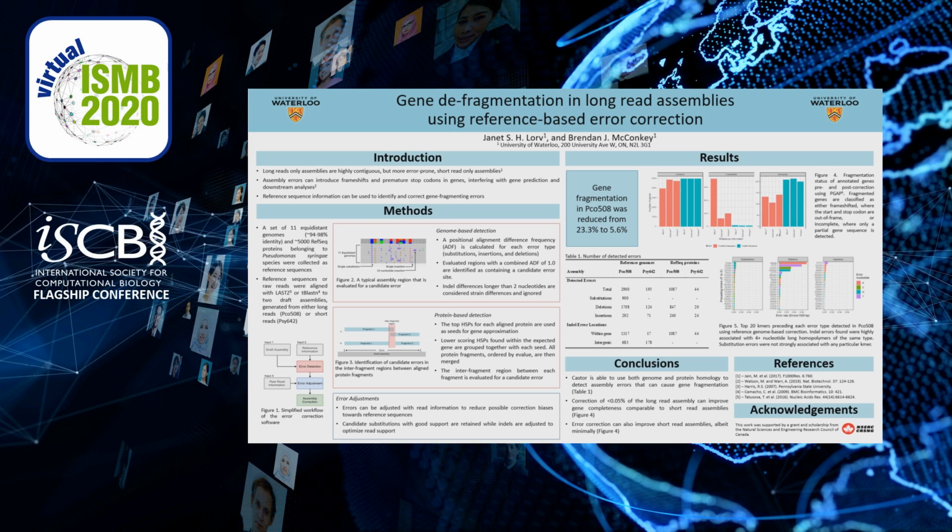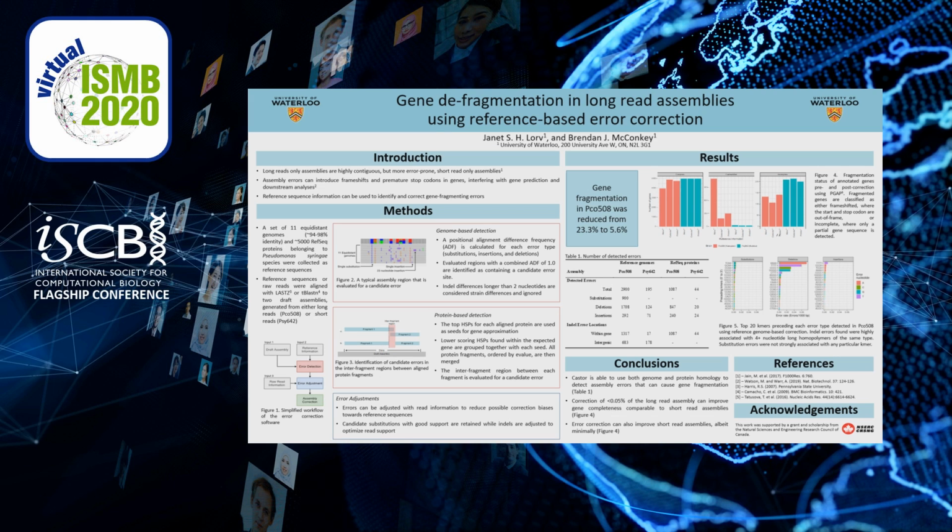Unsurprisingly, the majority of the errors for the protein detections were within the genes themselves, and the genome-based errors were dependent on the assembly, with the long-read assembly containing more gene errors and the short-read assembly containing more intergenic errors.